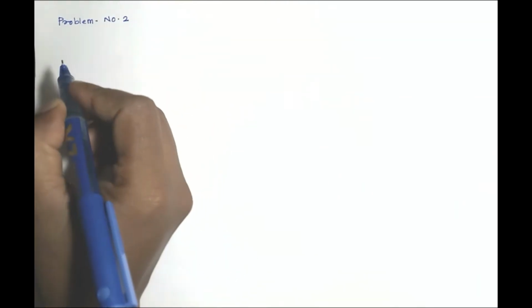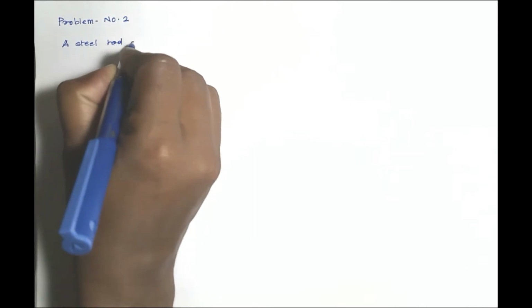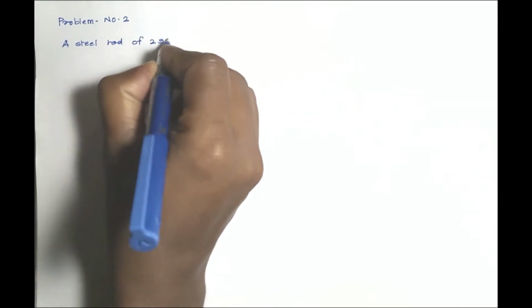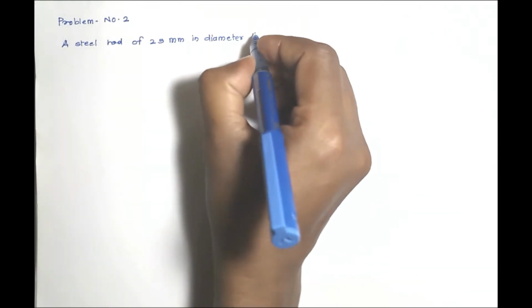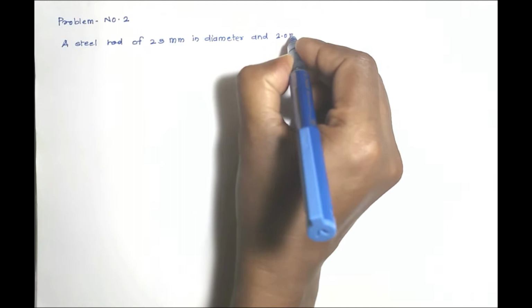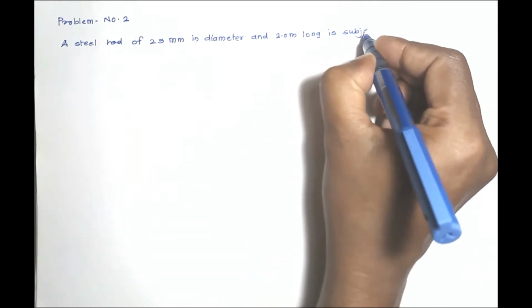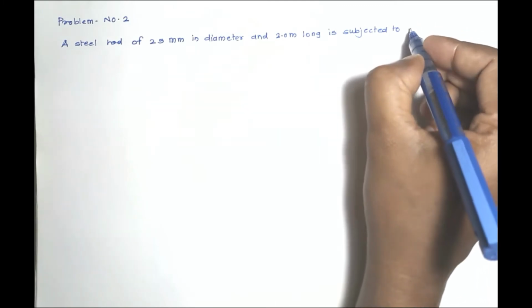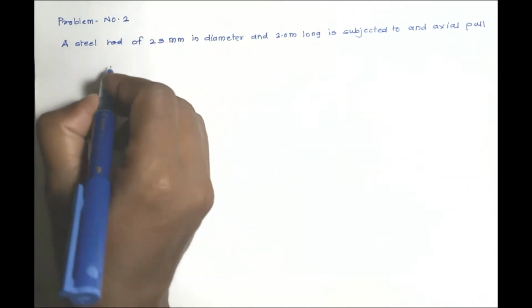Okay, we will start with the numerical problem number 2. A steel rod of 25 millimeter in diameter and 2 meter long is subjected to an axial pull of 45 kilonewton.